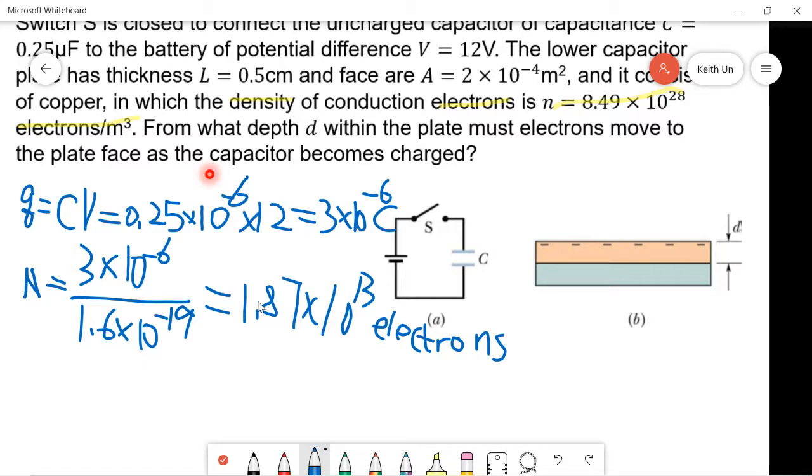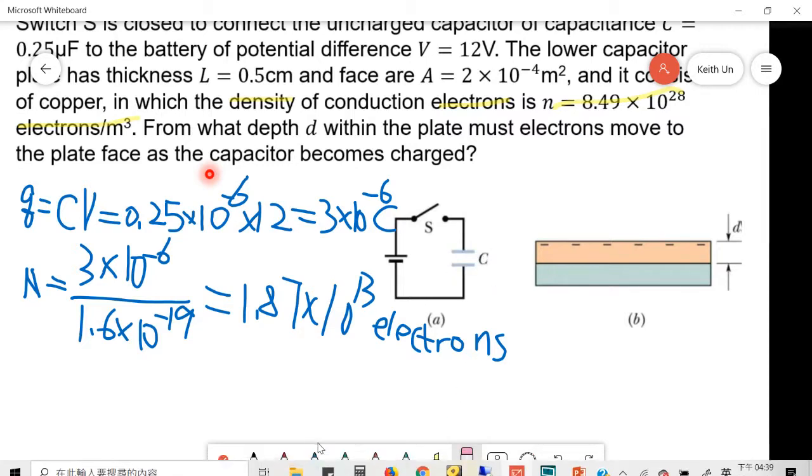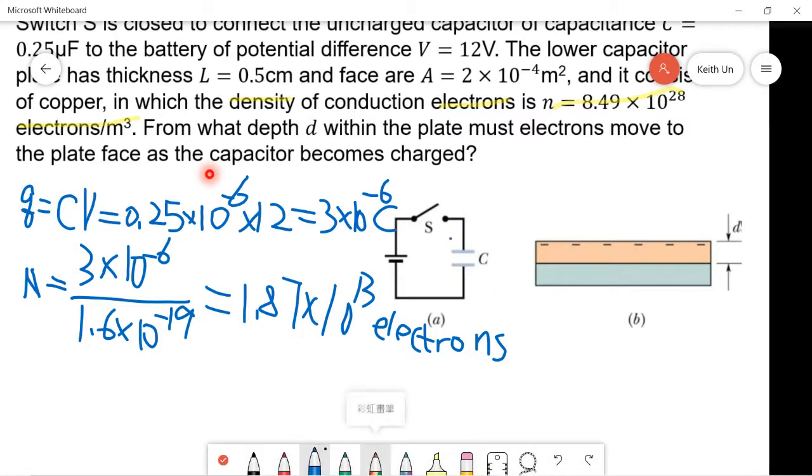Actually, we want to calculate the depth because, as we know, there will be charge here. We have positive charge on the top plate and negative charge on the bottom plate, right?